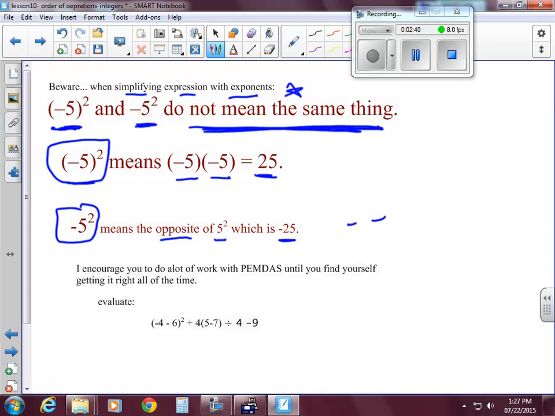It's kind of like when you say negative 5 squared, it's actually the 5 that's being squared, and the negative's floating out front. 5 squared is 25, and the negative remains. So, this one basically will return a positive 25. This one should return a negative 25. Okay? So let's dive right in.